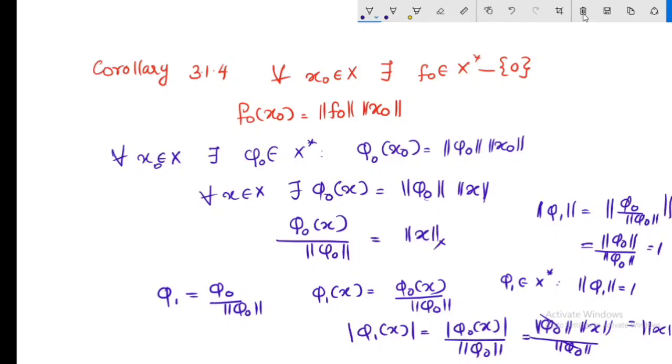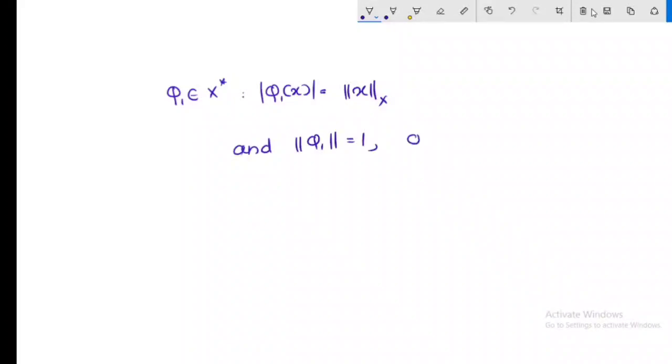Thus there exists a ψ1 belongs to X* such that modulus of ψ1(x) is equal to norm of x and norm of ψ1 is equal to 1.